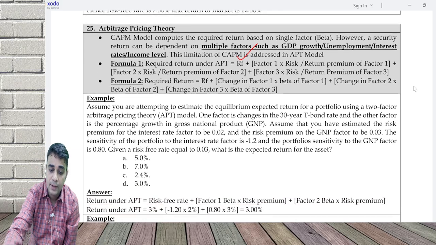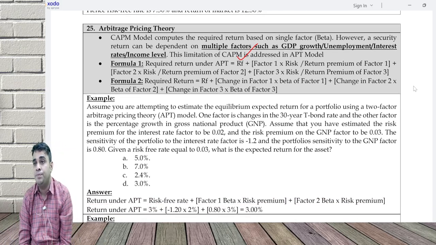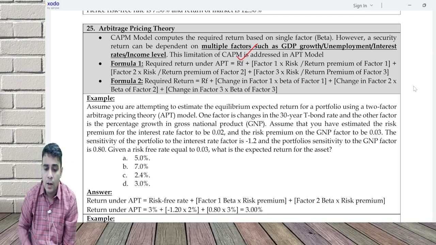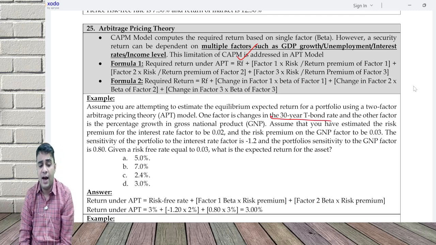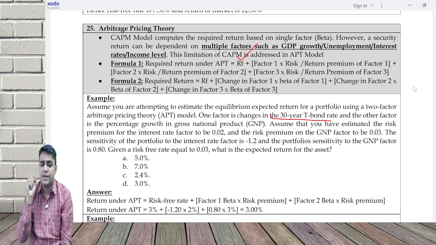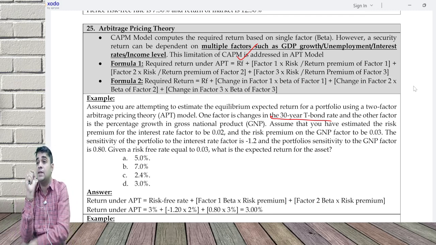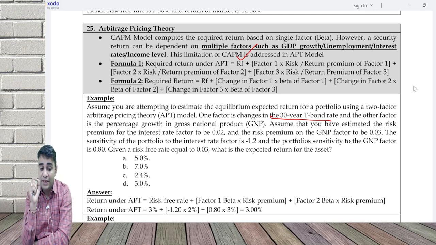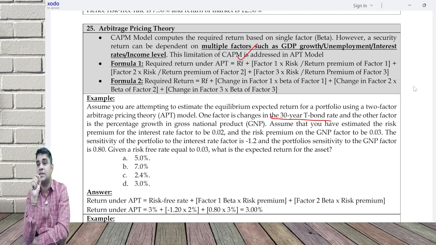Assume you are attempting to estimate the equilibrium expected return for a portfolio using a two-factor model. Only two factors they are saying, not more. One factor is the 30-year treasury bill rate. The other factor is GNP, that is the GDP growth. Assume that you have estimated the risk premium. What is risk premium? How much extra you want. For interest rate, you want 2%. This is not an ICA question.